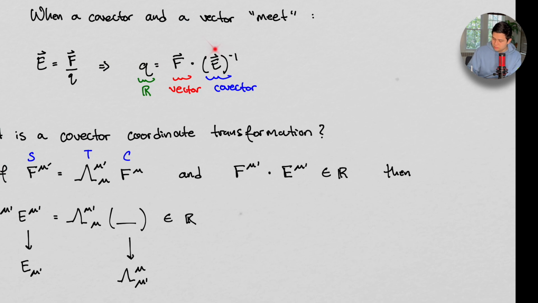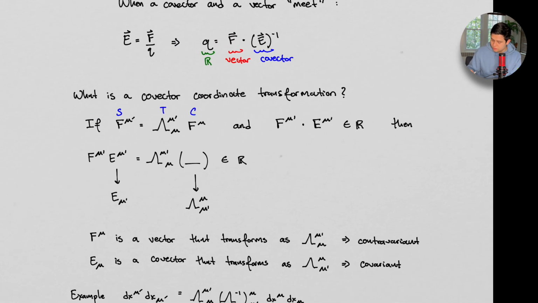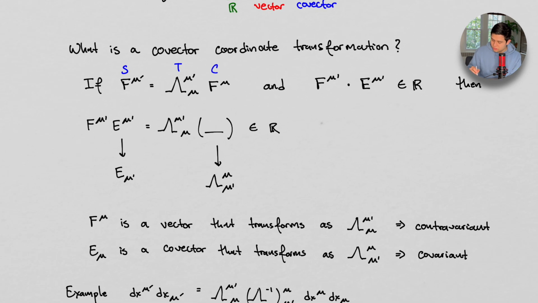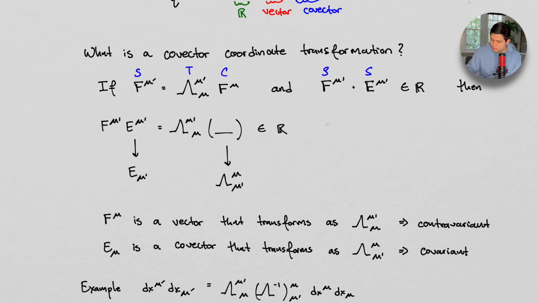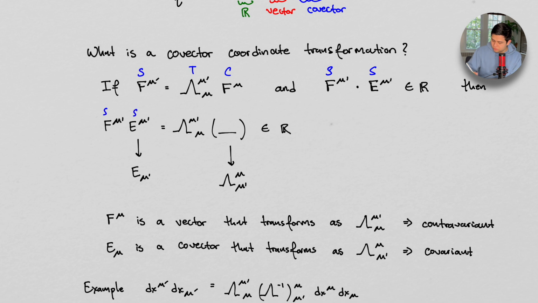Because we said when they get multiplied to each other that gives us a number. Then the new components, right? So this guy is spherical components. This is going to equal, well, this guy here, that transforms like this. This guy here, well, we don't know how this transforms, so we're going to keep this blank for right now.